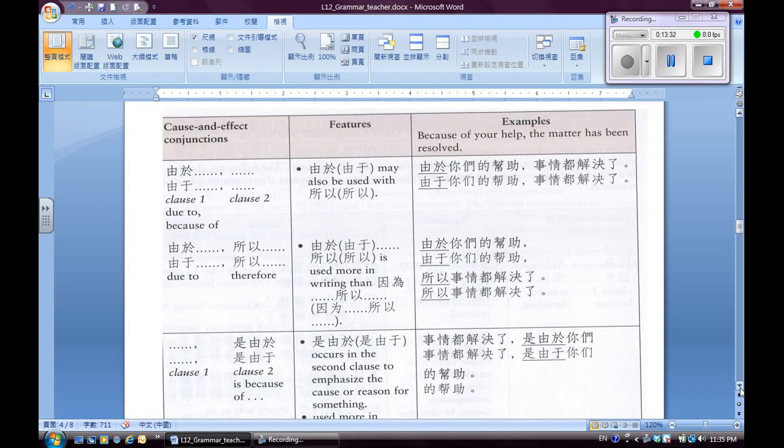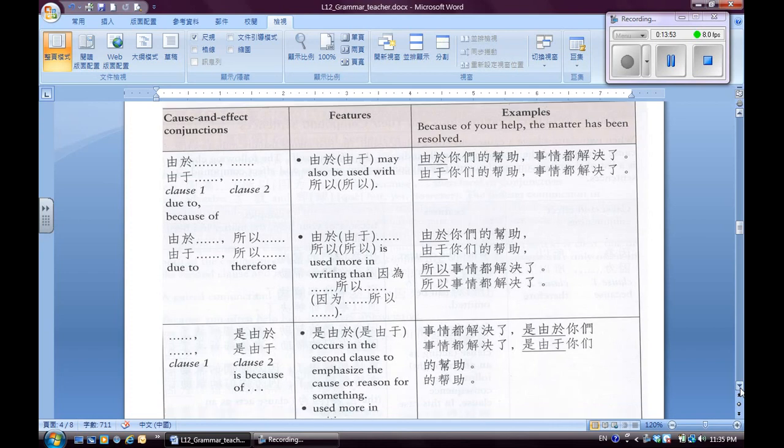So this one is exactly the same as the last one. We are just swapping out 因此 and replacing 因此 with 所以, okay, but they all mean the same thing. And this one also is more like a written form compared to the first one, 因为所以.